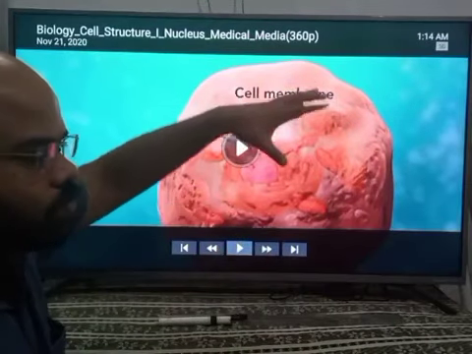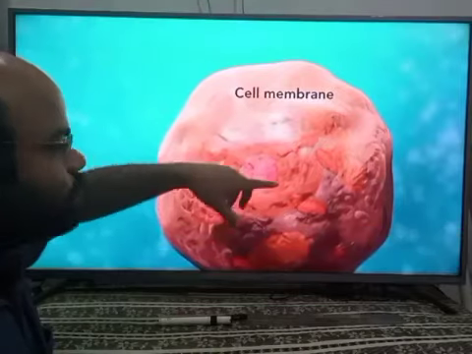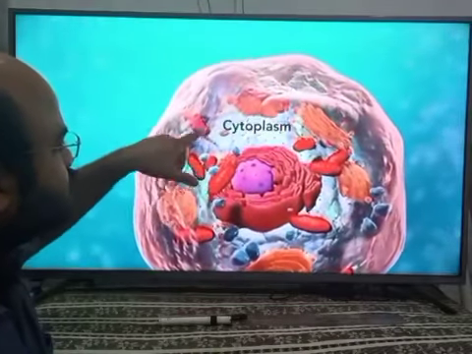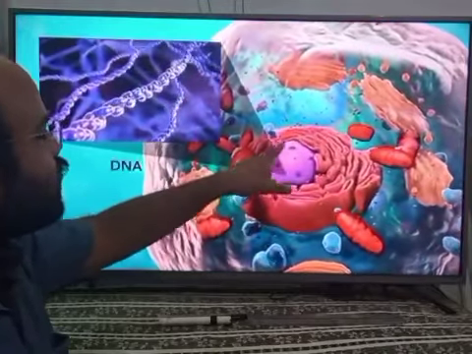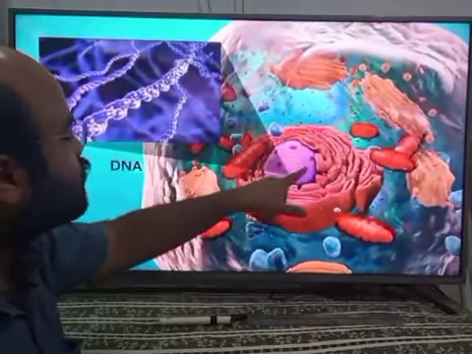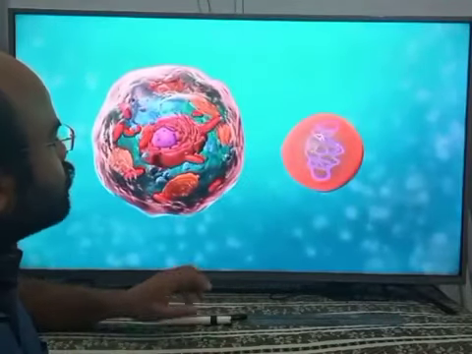Later I will show you the cell membrane in detail, but now we will go inside the cell, to see how the cytoplasm is visualized. And this is the nucleus within which DNA is found.